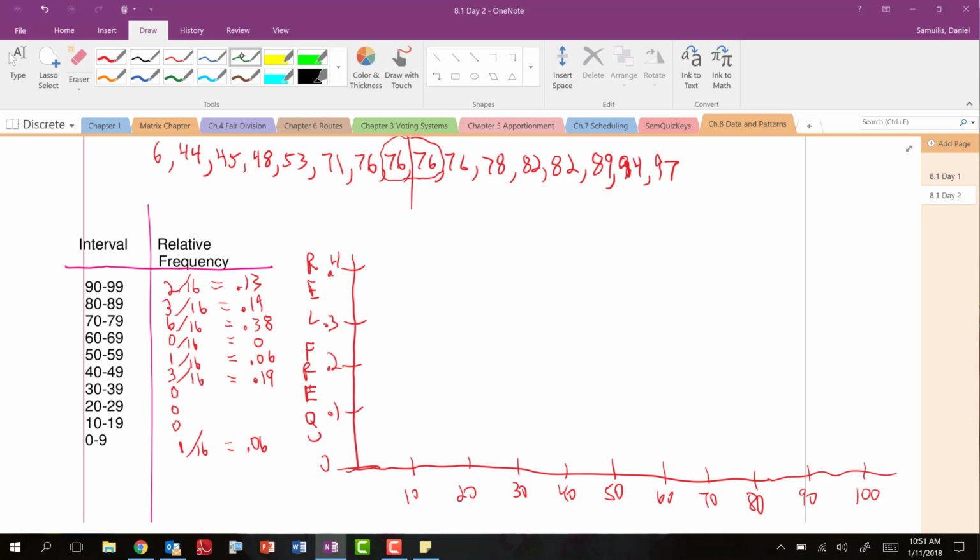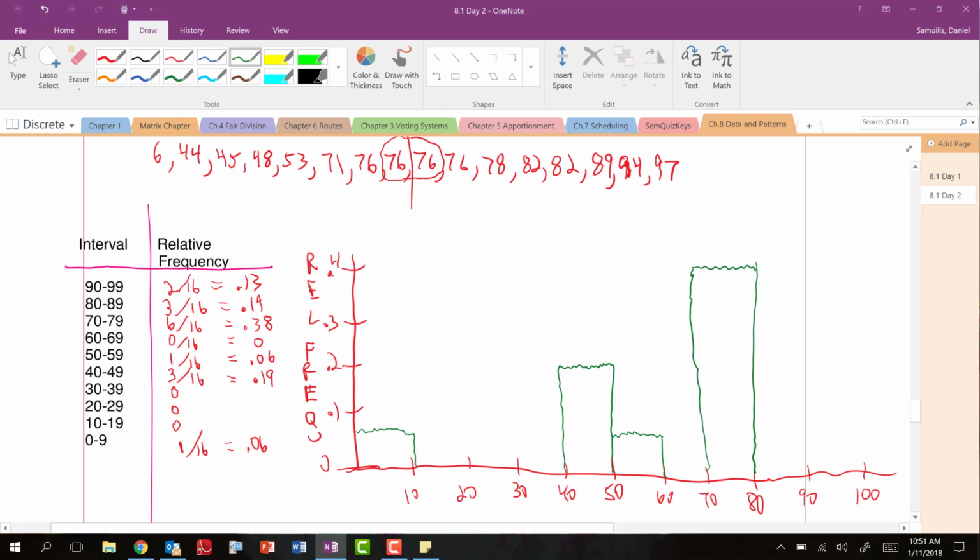So look at this. 0.06. So this is somewhere around here. It's bins again, but now it's based off the relative frequency. 40 to 49 is 0.19. 50 to 60 is 0.06. 60 to 70 is a big 0. 70 to 80 is 0.38, so close to 40 ballpark. 80 to 90, 0.19.